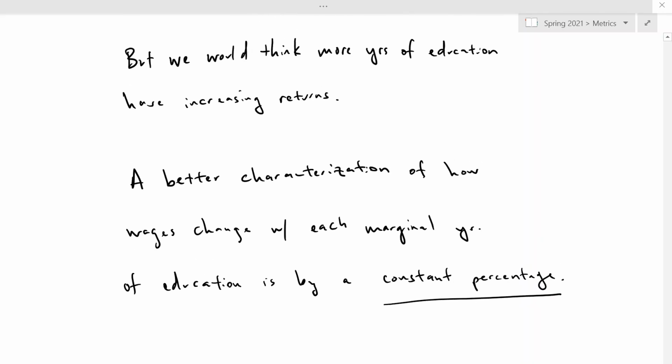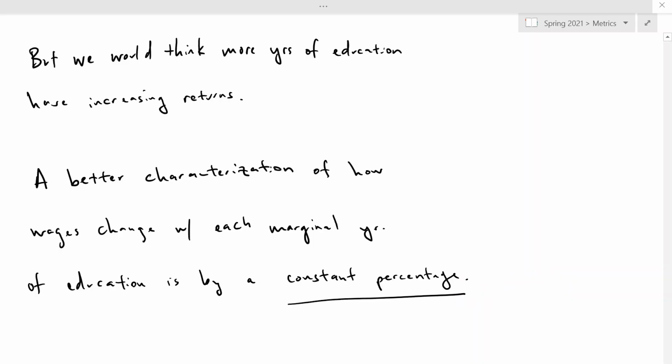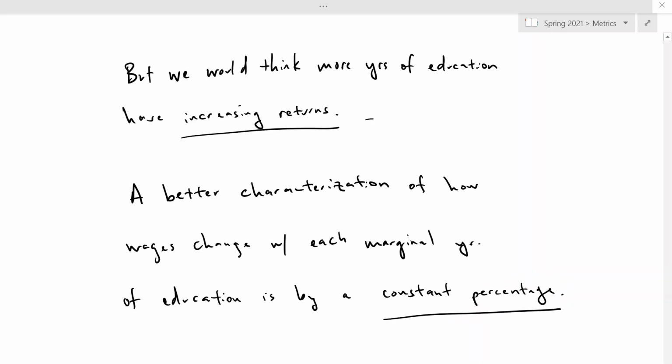That's going to give us increasing returns.